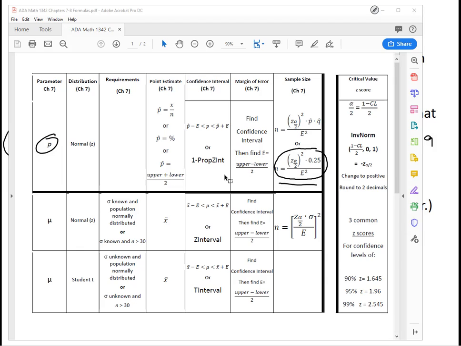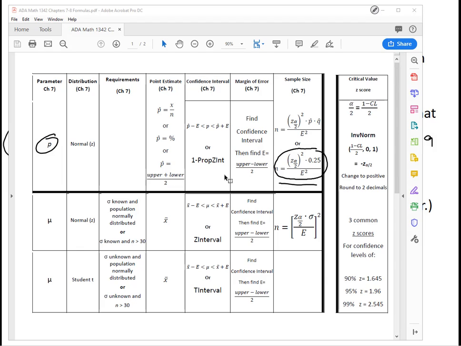Notice also that I have this critical value of Z alpha over 2 as a factor in my formula for N. So I need to find what Z alpha over 2 is. Well, the problem told me that I have a 90% confidence level.